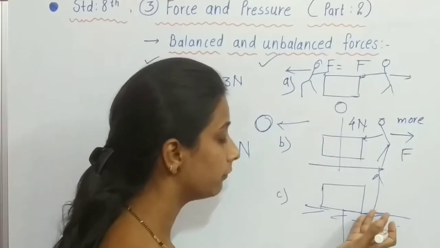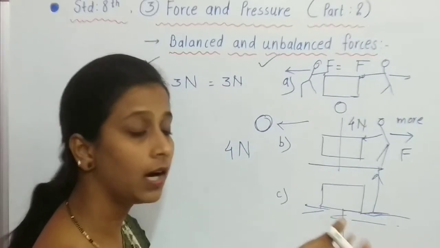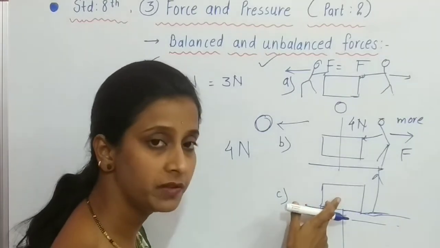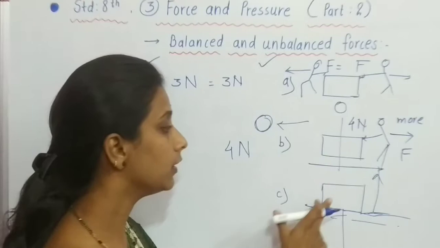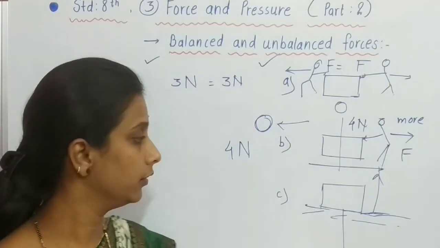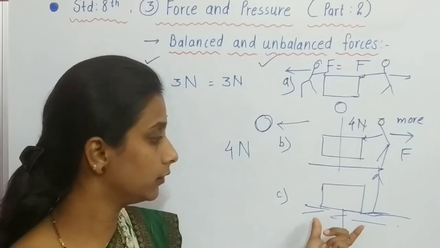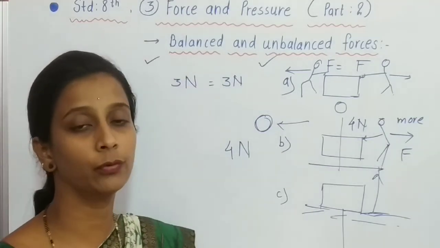So the frictional force and the gravitational force both act upon this object with equal magnitude, so the object will not move, it remains steady. So this example is also of balanced force.